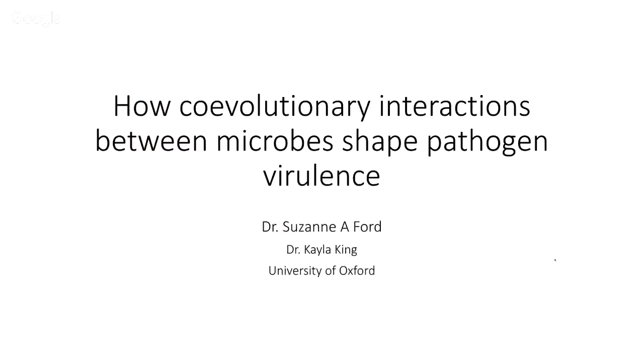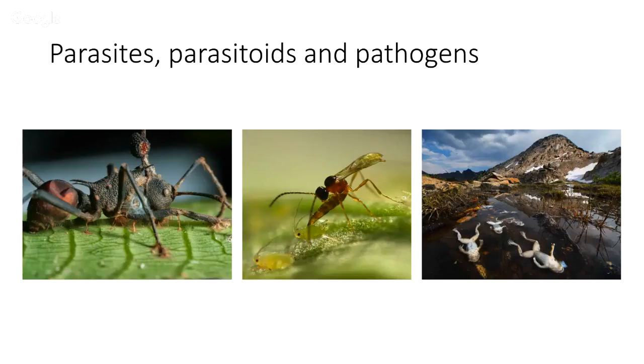Okay, so what I'm going to talk to you about today is some of the work that I did in my PhD. The title of the talk is How Coevolutionary Interactions Between Microbes Shape Pathogen Virulence. Infectious diseases come in a variety of shapes and forms. For example, on the left we have the infamous zombie ant fungus.